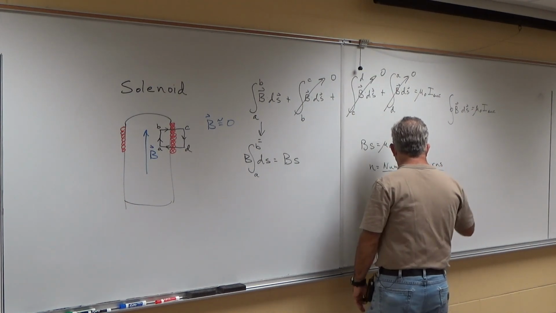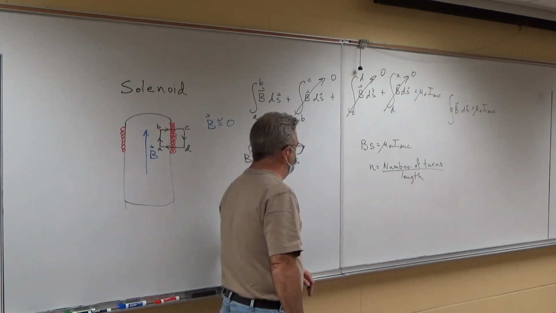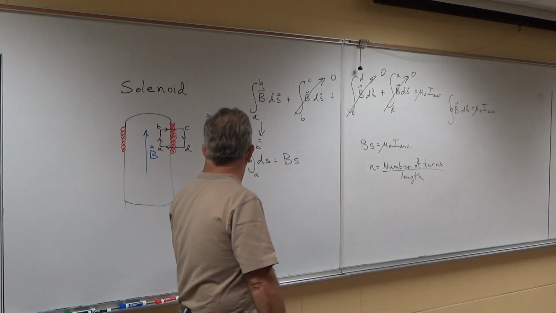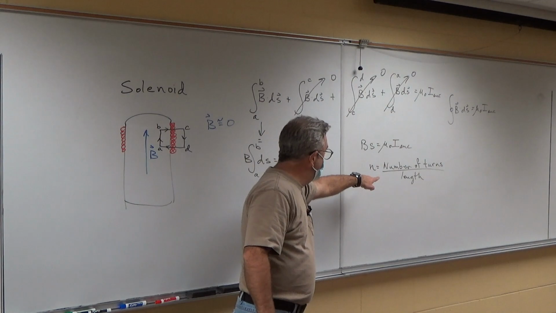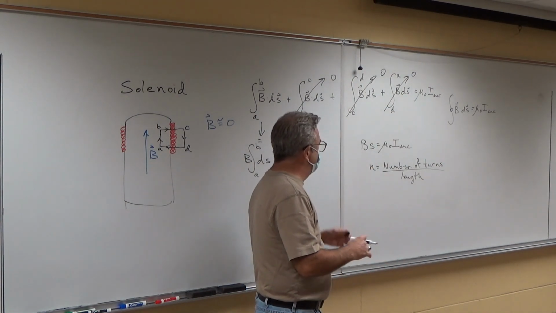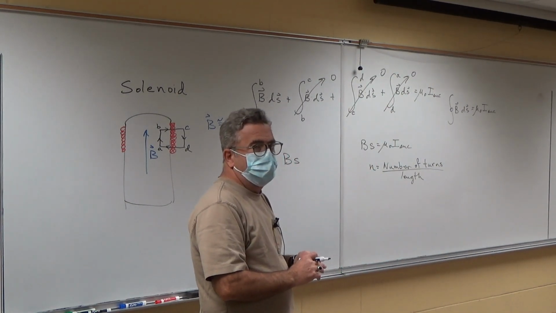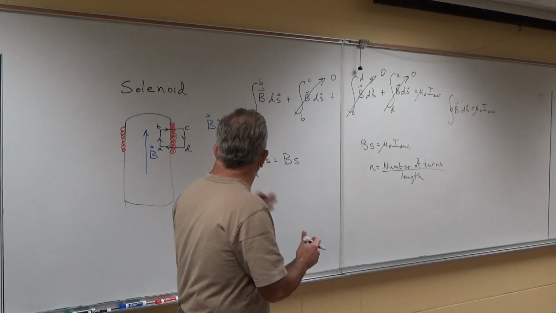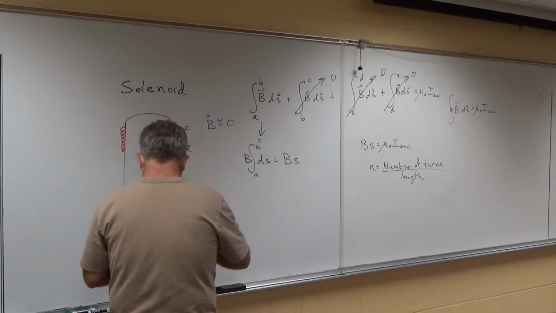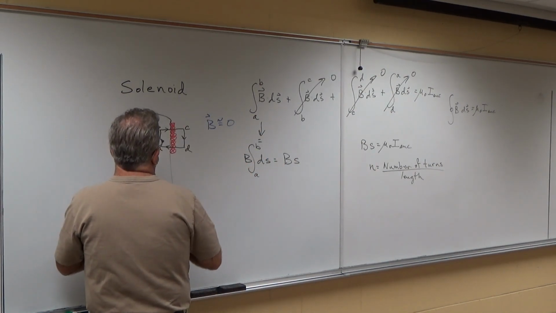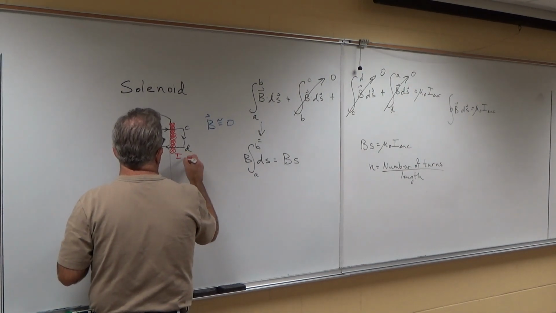okay? Then if I multiply that number of turns per unit length times the length times I, each turn has I, right? Maybe I didn't write that down, should have.